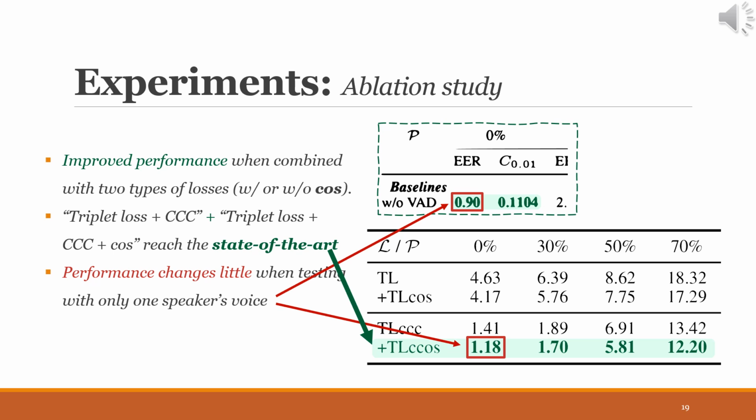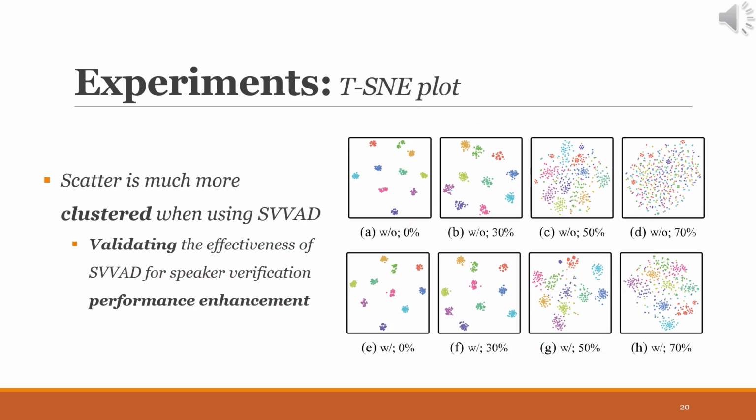In summary, our SVVAD framework can greatly improve the performance of speaker verification when other people are talking, but without changing the original performance. From the t-SNE plot, we can see that after using SVVAD, the dots are more clustered. This also validates the effectiveness of our framework.